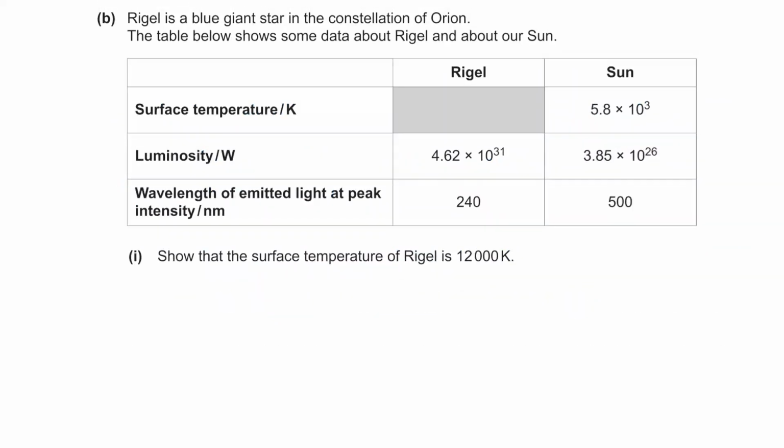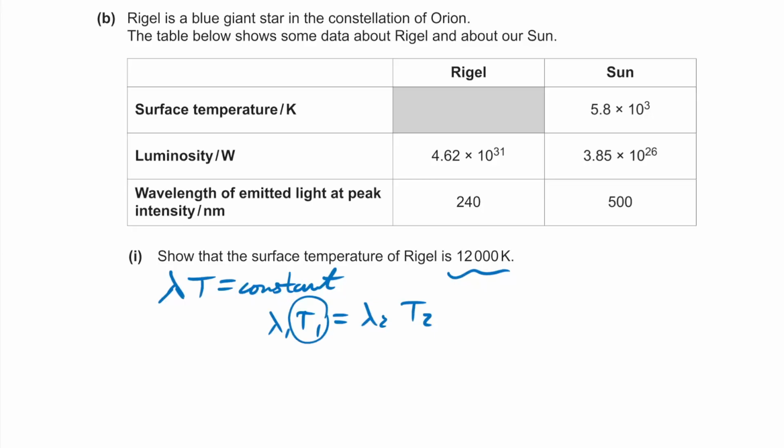Boring. Rigel is a blue giant star in the constellation of Orion. Show the surface temperature of Rigel is about that. So the first thing we can do is say that, according to Wien's law, lambda T is a constant. So therefore we can say lambda 1 times temperature 1 is equal to lambda 2 times temperature 2. So if we're looking for just the temperature, then it's 500 divided by 240.